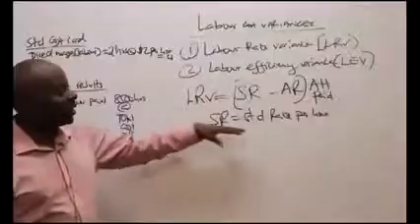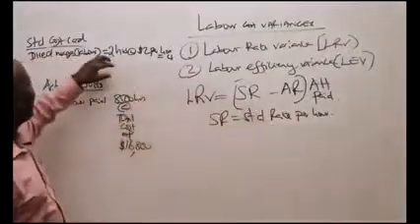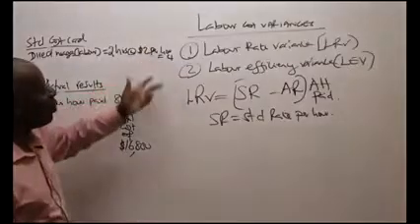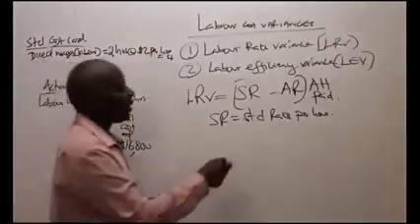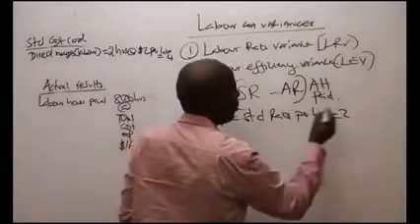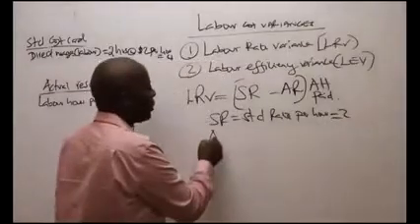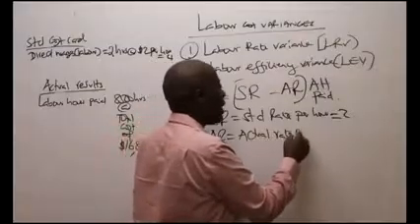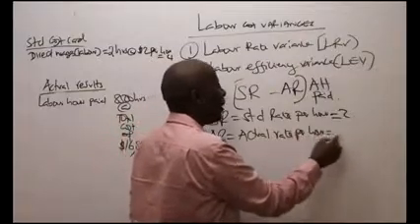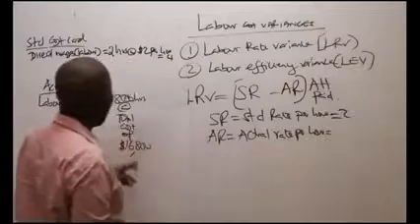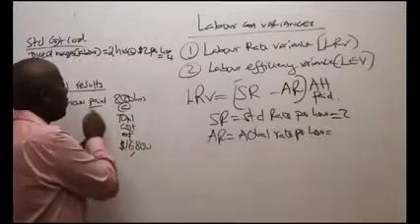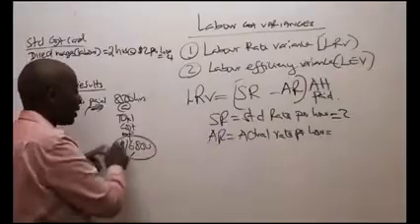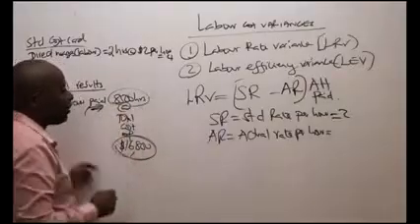So the standard labor rate per hour here is $2 per hour. How about AR? AR stands for the actual rate per hour, the actual payment per hour. I can see my labor indeed cost me 16,800, but with this 16,800, I procured 8,500 hours.